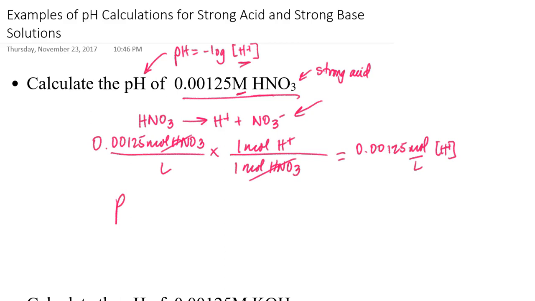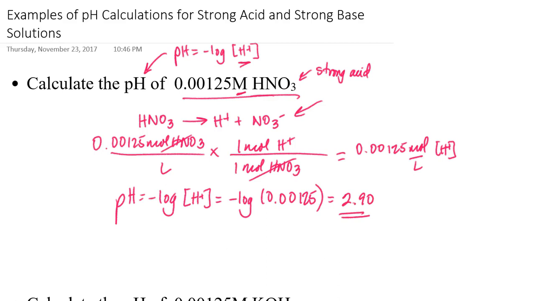And so with that in hand, I can just simply go and plug that into this expression. And that would be negative log of 0.00125. And if I go ahead and do this math, then I get a pH of 2.90 for a 0.00125 molar solution of nitric acid.